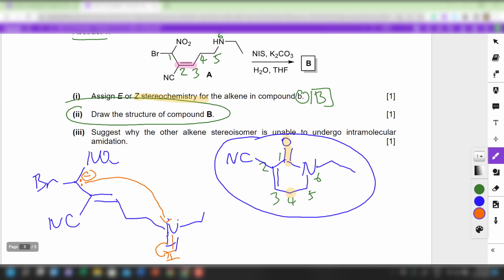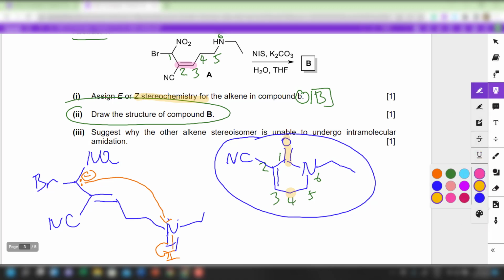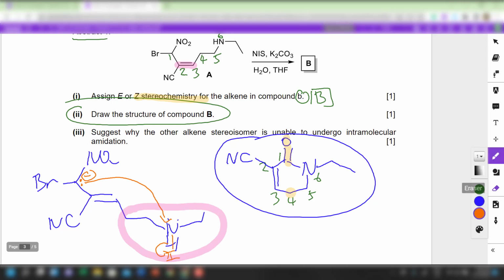Because they are in trans configuration, the distance is a lot further, and this whole portion I'm going to highlight in pink makes it very difficult for it to bend over without causing much ring strain. Because of that, it is very difficult for us to do amidation for the trans isomer.